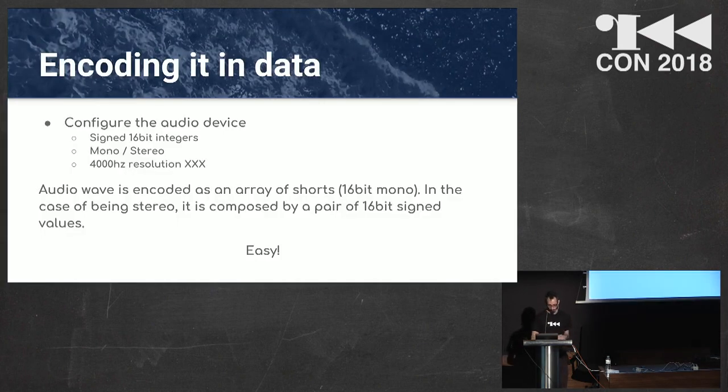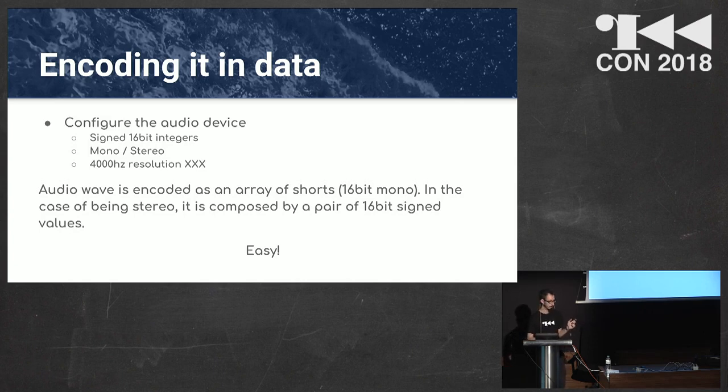So let's see how the waves are encoded in binary. First we need to specify how the audio device will be handling this data, because modern computers are handling waves, not specific configuration changes in a coprocessor of the CPU. I chose signed 16-bit integers. This means that each value that I write in memory is a short, so it's a signed value.